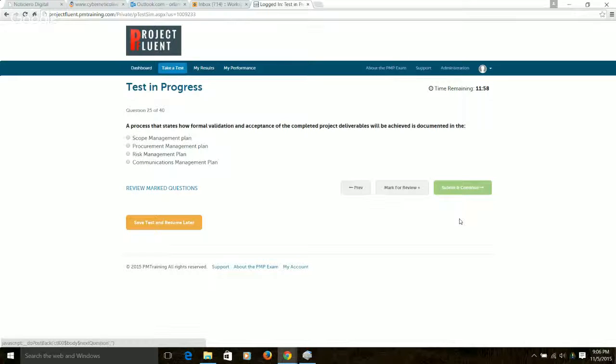A process that states how formal validation and acceptance of the completed project deliverables will be achieved is documented in the scope management plan, procurement management plan, risk management plan, or communications management plan.